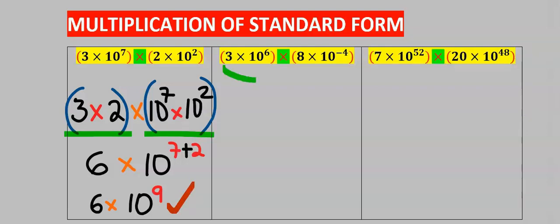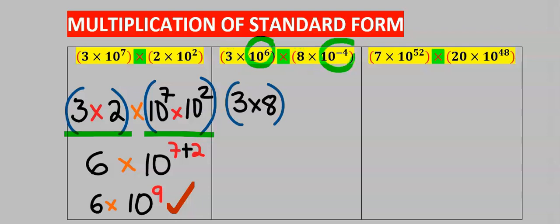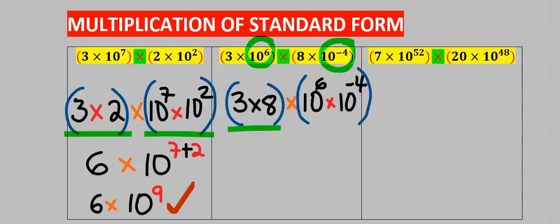Next, let's consider this multiplication of standard form. Step number 1, 3 will multiply 8. Next, the tens will now multiply. Next, 3 times 8 will give you 24. Next, I will apply the law of indices here, which is 6 minus 4 at the power.